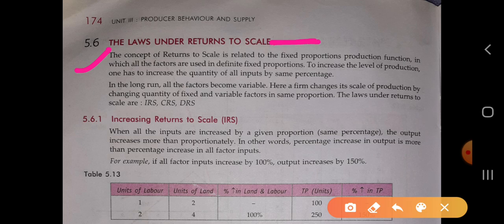Okay, but in the case of law of return to factor, the proportion of taking the factor is not fixed, it can be changed by the producer. But in the case of return to scale, the proportion of the factors is fixed, in which all the factors are used in definite fixed proportion. Okay, all the factors used by the producers are in definite fixed proportion.